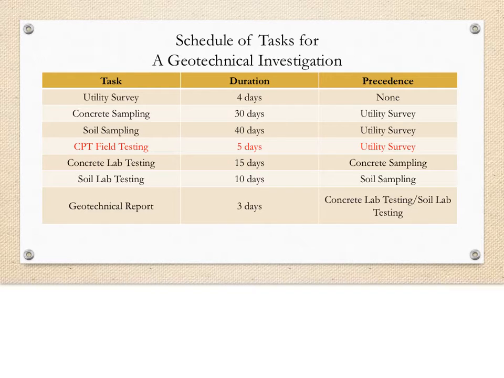What CPT is, it's a type of geotechnical investigation that's done in the field along with the concrete sampling and the soil sampling. The difference is that the CPT testing doesn't collect any samples, so there are no sampling tests that have to be done after the CPT. It is also projected to take 5 days to complete.